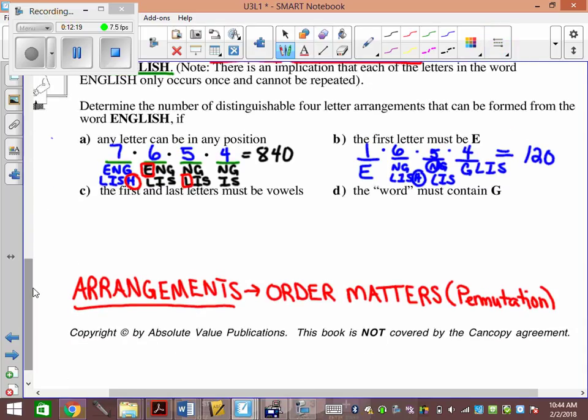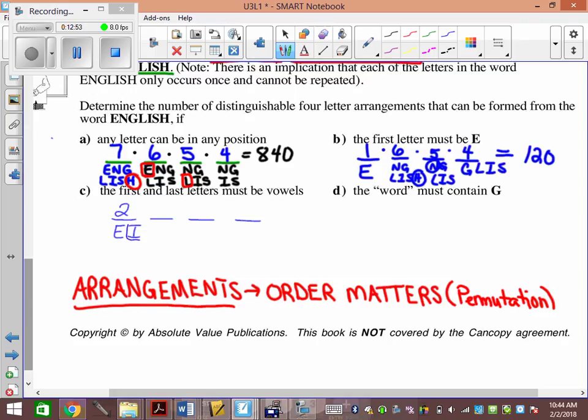C says the first and last letters must be vowels. What vowels are in English? So E and I. So the first and last ones have to be vowels. Do we have to deal with the first and last ones first? Yes, because they are restrictions. So I'm going to deal with this one just because I want to. So I have the option E or I here. How many is that? 2. Do I have 2 left for this one then?